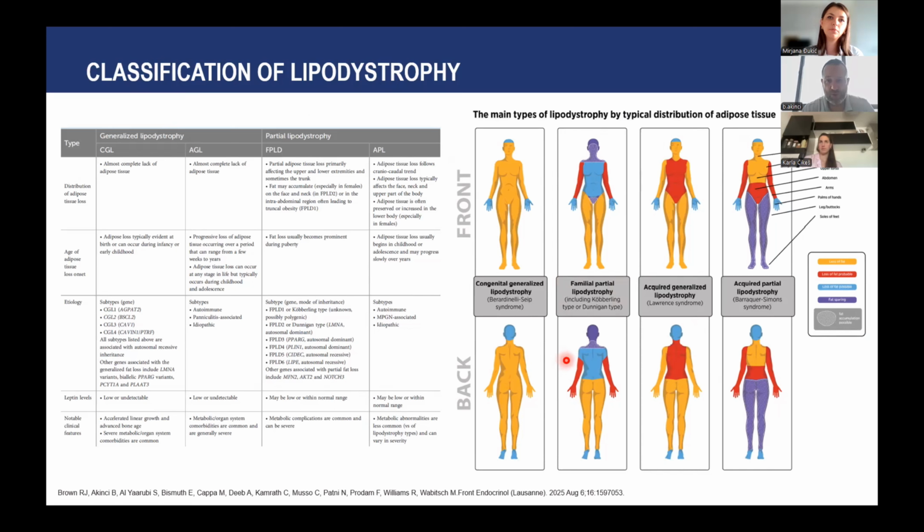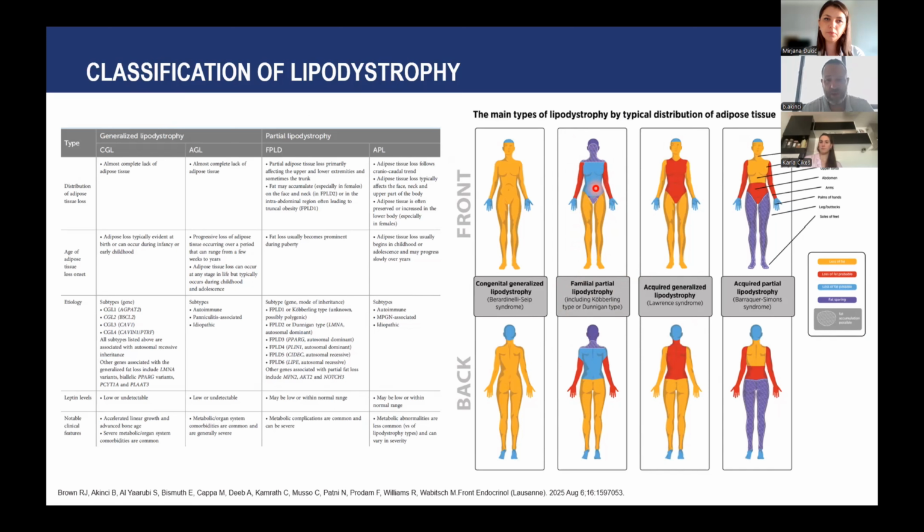In this subtype of partial lipodystrophy, fat loss always affects the lower part of the body, and most of the time, upper extremities are also affected. But if you look at the upper part of the body, especially the face and neck region, and also a little bit of upper trunk, supraclavicular area, over the shoulders, you can see there is actually fat over there. In some cases, even that fat is accumulated, which can give these patients a little bit of a Cushingoid appearance.